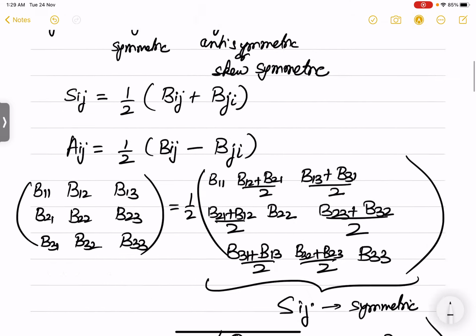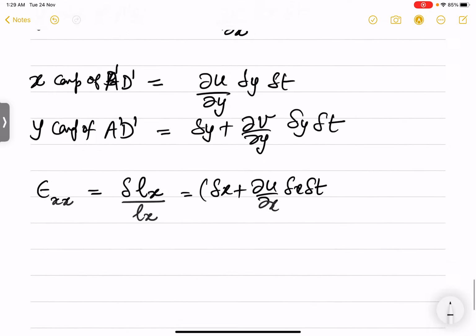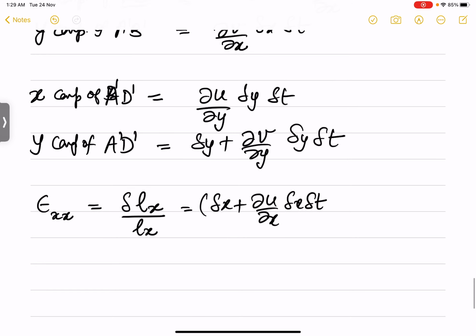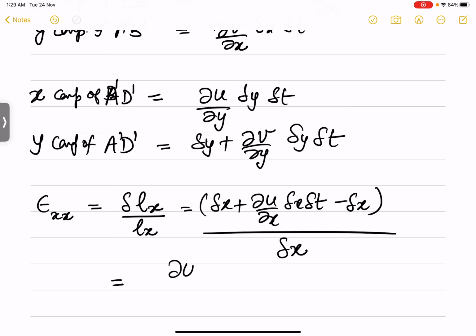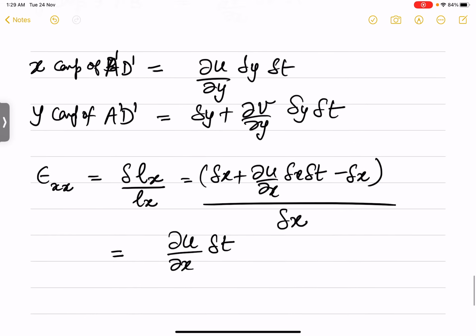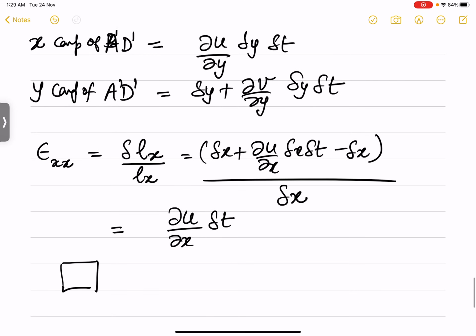From this I subtract the original length, delta x, divided by the original length, delta x. Therefore the strain in the x direction is partial u by partial x times delta t. This shows that an element gets elongated per unit length by an amount partial u by partial x into delta t.